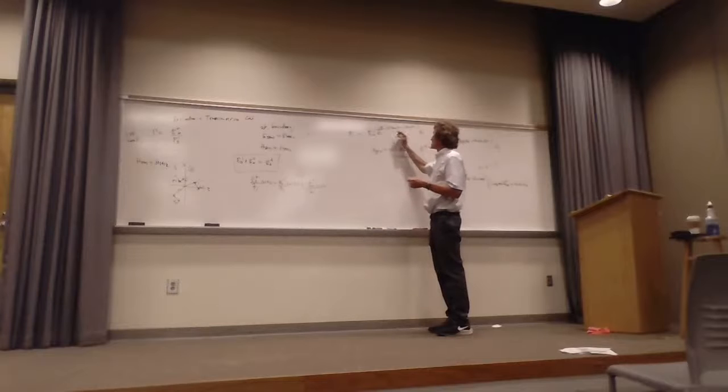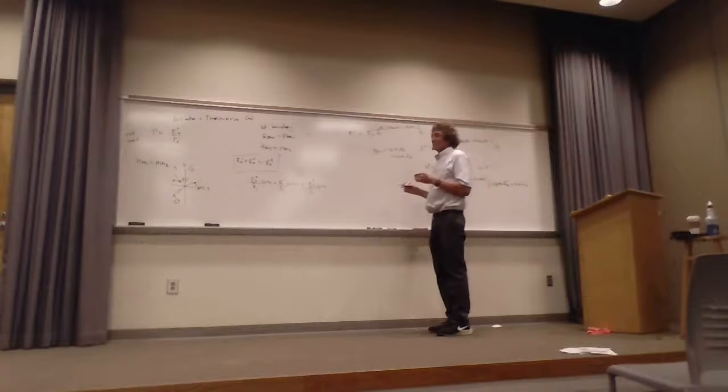And also beta 1 sine theta incident has to be equal to beta 1 sine theta reflected. So I don't even mess with this. Angle of incidence is equal to angle of reflection. Can you all follow me on that? It kind of makes sense.